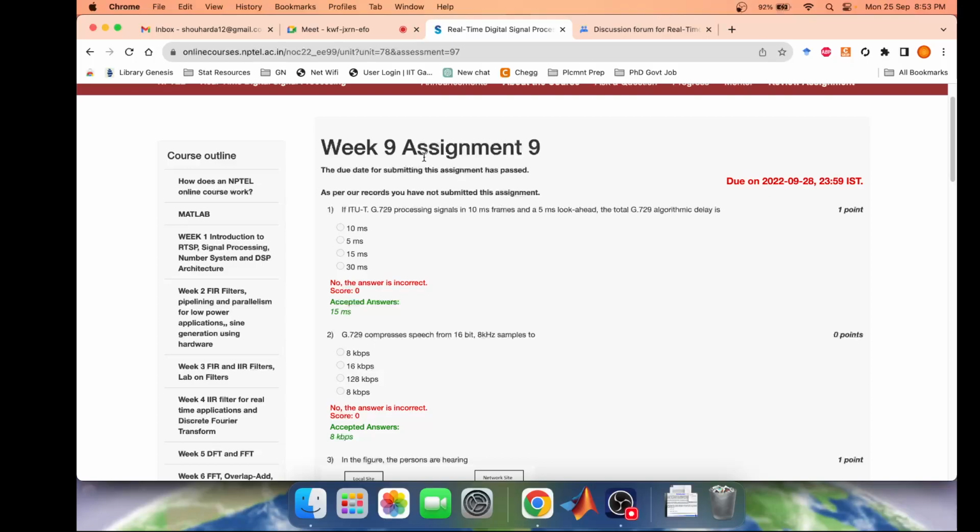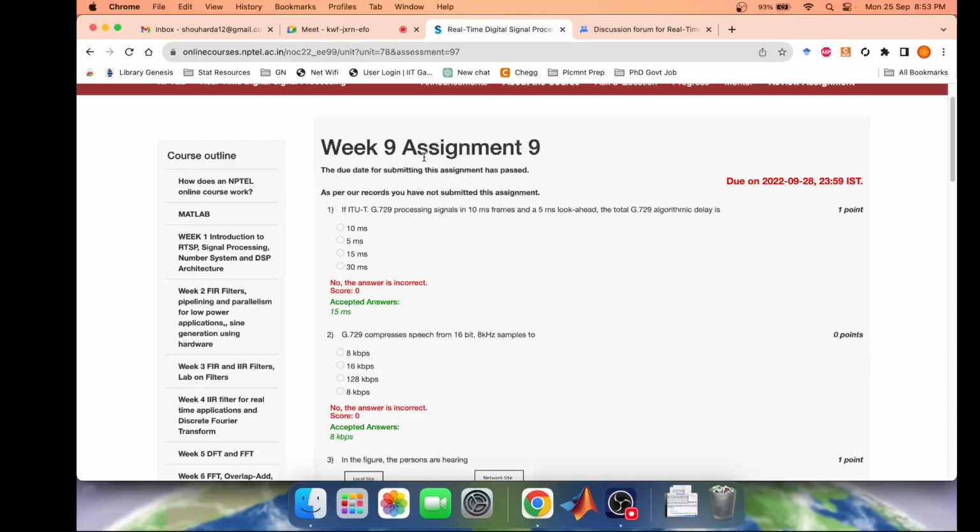Number 2, G.729 compresses speech from 16-bit 8 kilohertz samples to, first option they've given as 8 kbps, second option 16 kbps, third option was 128 kbps.